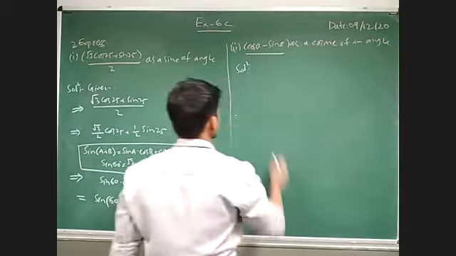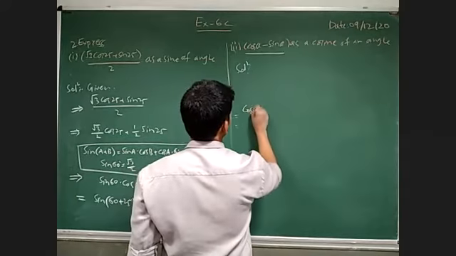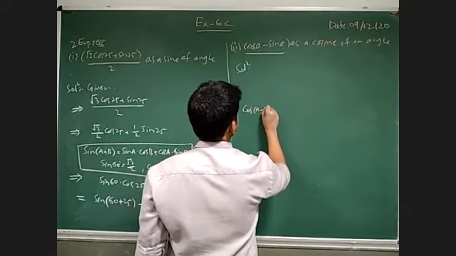Cos a minus b, you already know, that is cos a into cos b plus sin a into sin b. This formula you already know, so you have to make this expression into this form. But how? Here it is given cos theta minus sin theta.